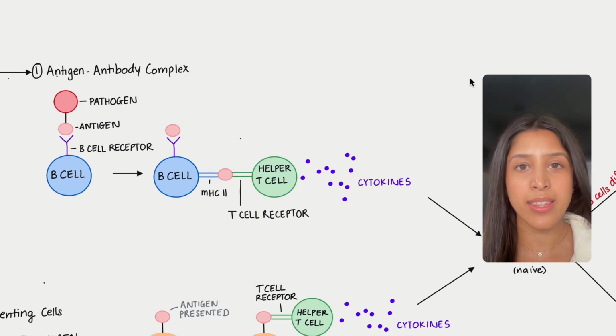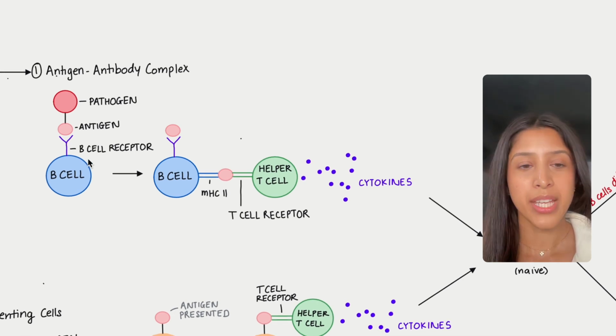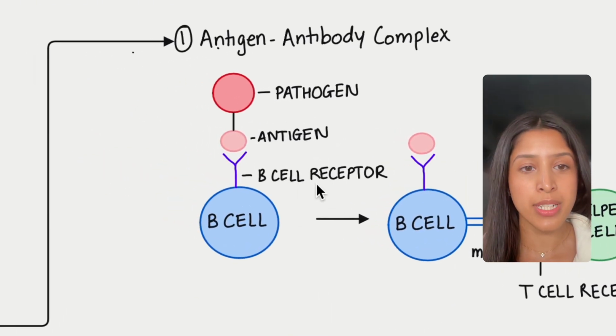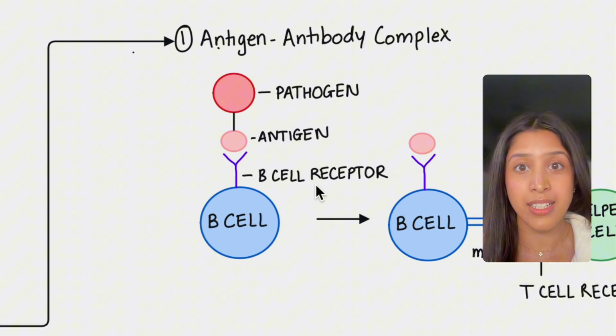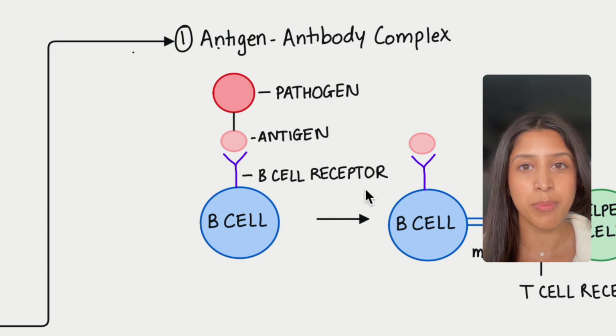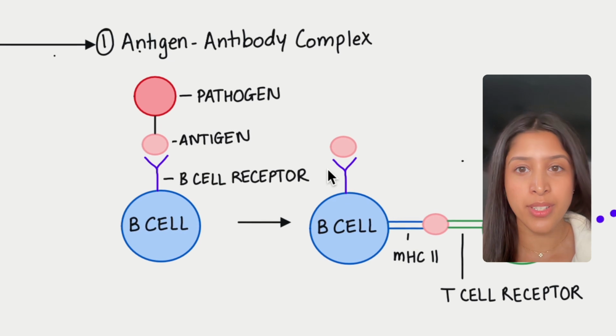So there is another way that B cells can get activated. And this usually involves a special protein found on the surface of these inactive B cells called B cell receptors. Each receptor will bind to a specific antigen. So once this inactive B cell has formed this complex, it's going to process that antigen.